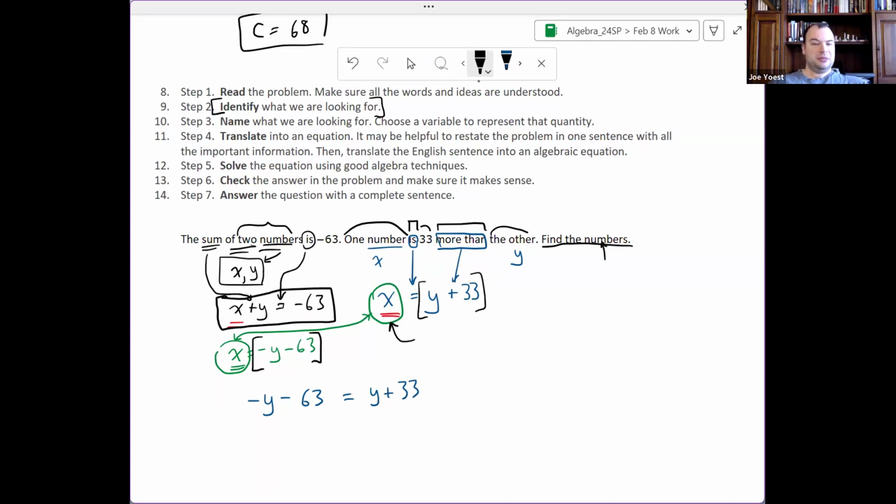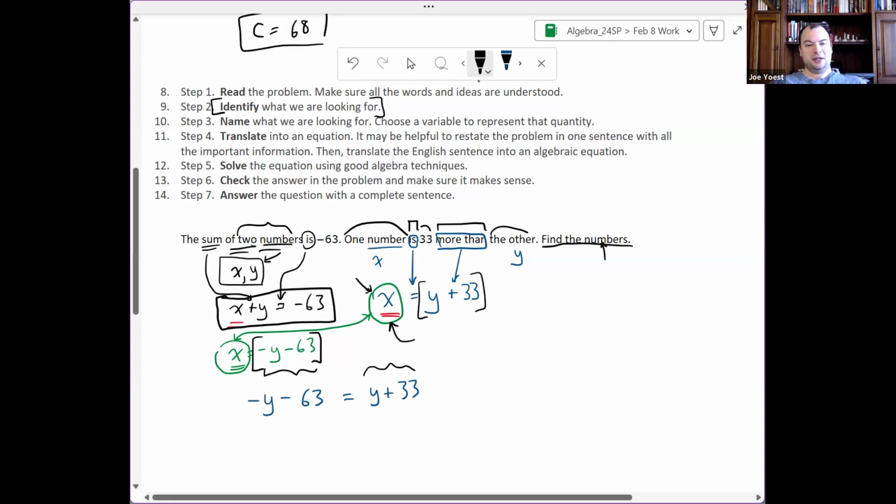Well, now I have this thing X on one hand equal to Y plus 33. On the other hand, that same thing, X, is equal to negative Y minus 63. Therefore, negative Y minus 63 has to equal Y plus 33 because they're both just representations of the same thing, namely X.